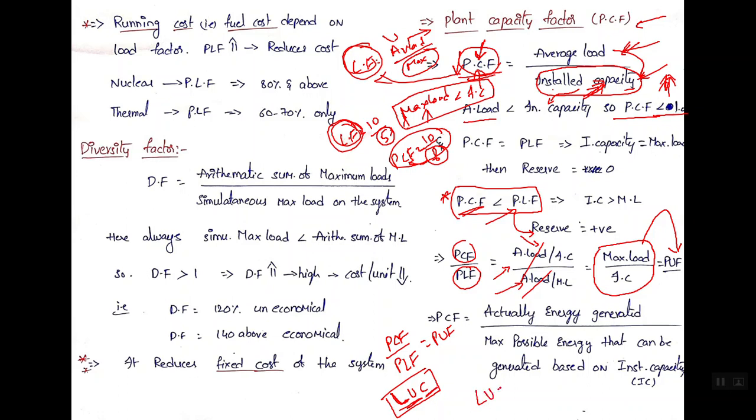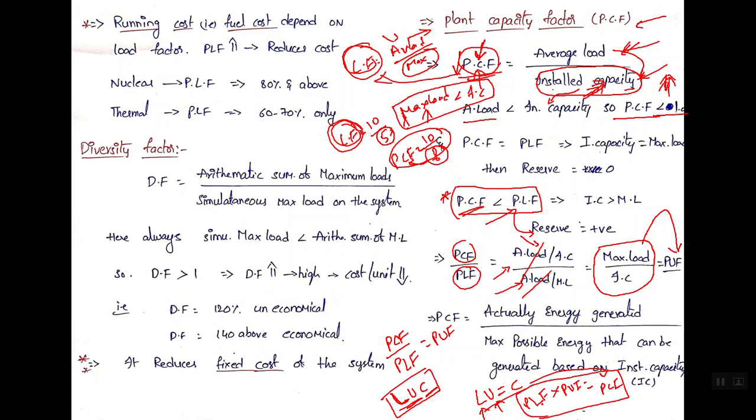So LU is equal to C. You have to remember this: PLF into U, that is PUF, is equal to PCF. In that way you can remember the relation. Then you won't forget, friends.